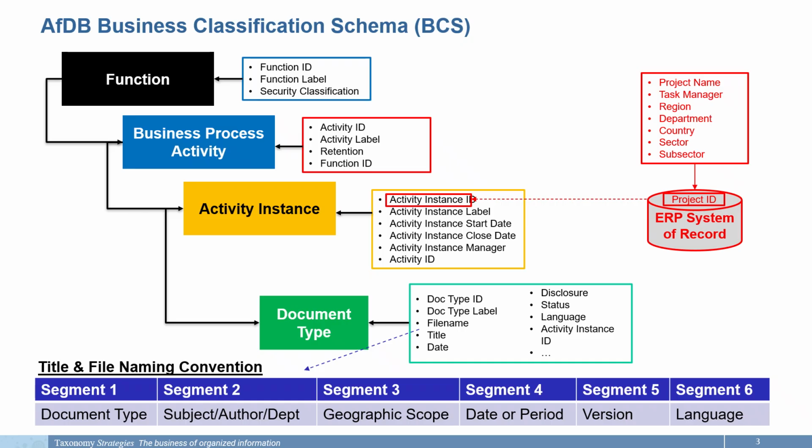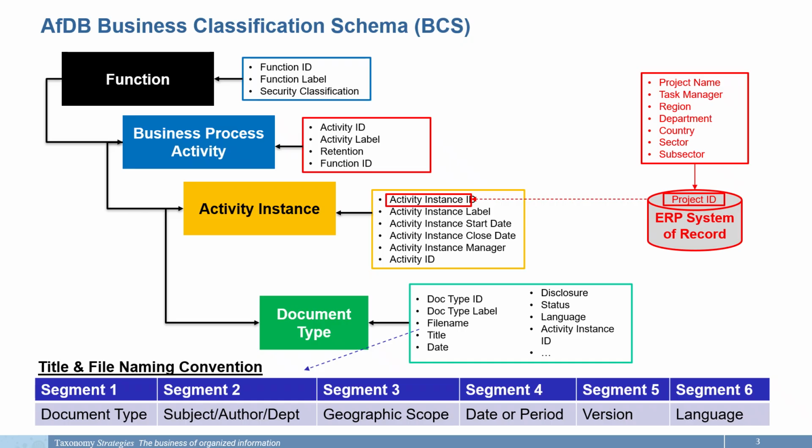Other business processes may be less well documented and need to be elicited from process owners. A business classification schema is hierarchical with implicit inheritance of metadata properties specified at each hierarchical level.